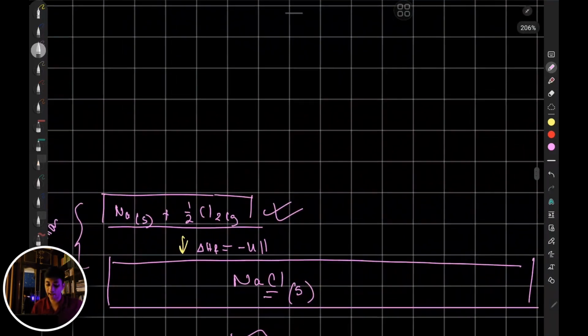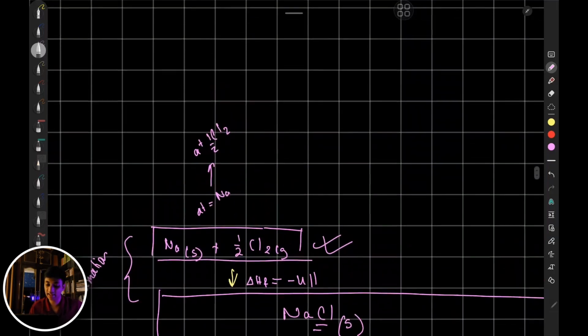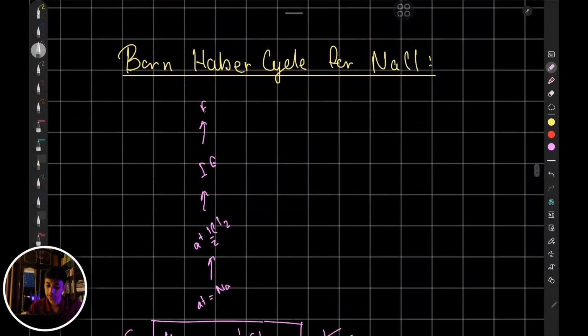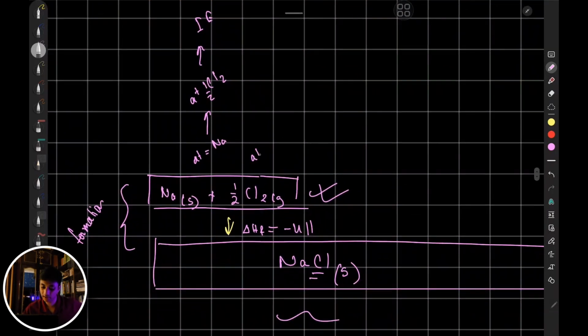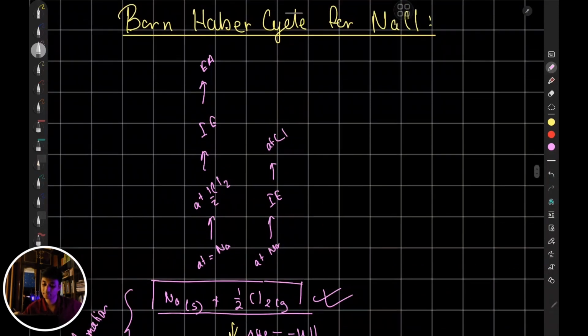Either you atomize Na, then atomize Cl2, and then do ionization, and then do electron affinity, or you can atomize Na, then ionize Na, then atomize Cl, and then do the electron affinity.